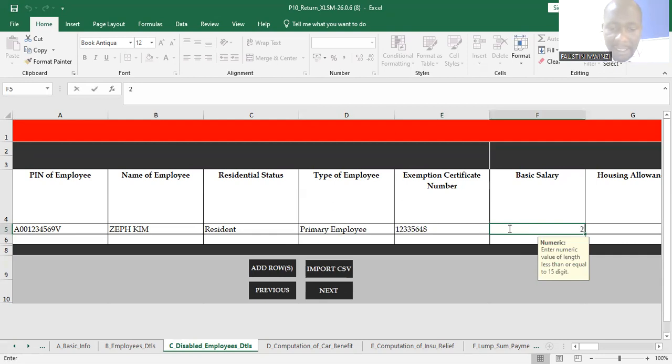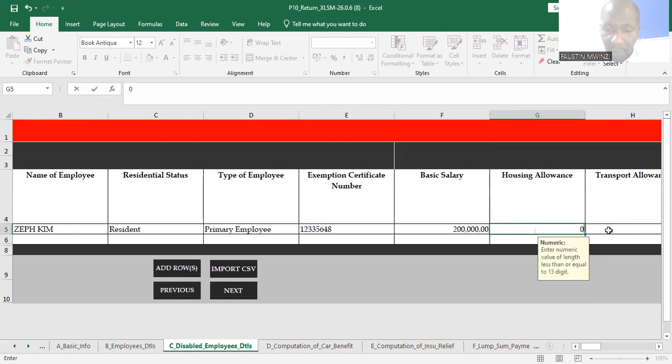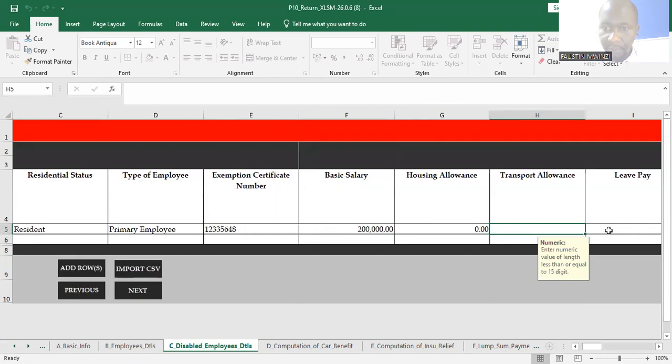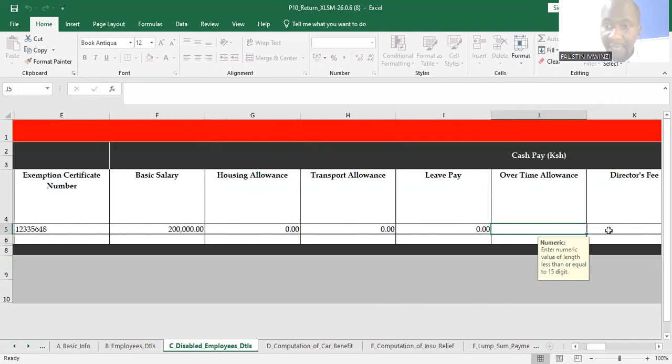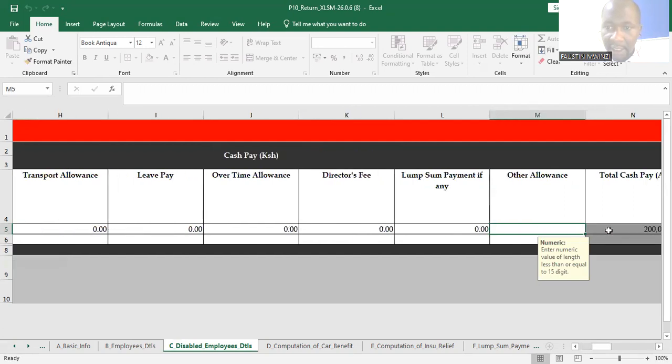Basic salary, let us give this guy 200,000 shillings. House allowance, 0. Transport, 0. Leave pay, 0. Remember, if these guys have leave pay, you have to record it.